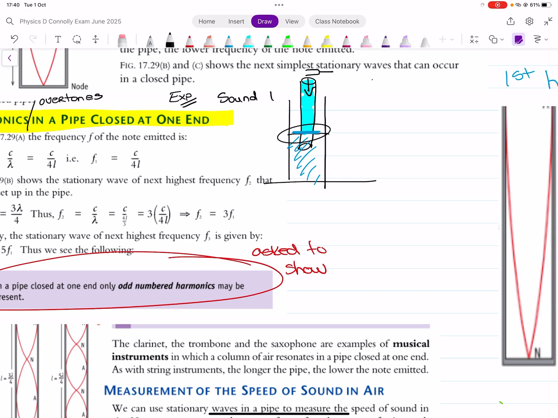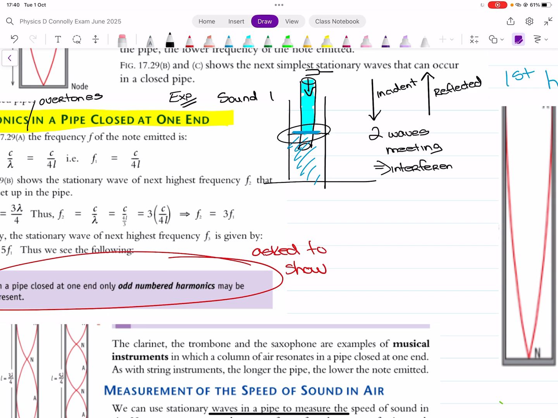So you have your incident wave going down. You have your reflected wave going back up. So essentially what you have is two waves meeting. When you have two waves meeting, you have interference.